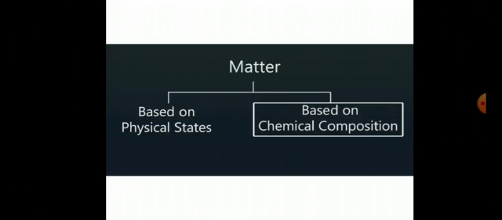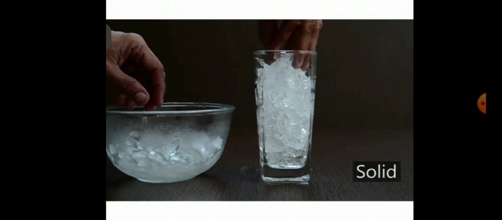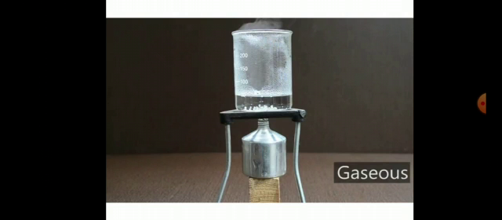Matter is classified on the basis of physical states as solid, liquid, and gaseous. Ice is the example of solid, water comes under the category of liquid, and steam comes under the gaseous state.